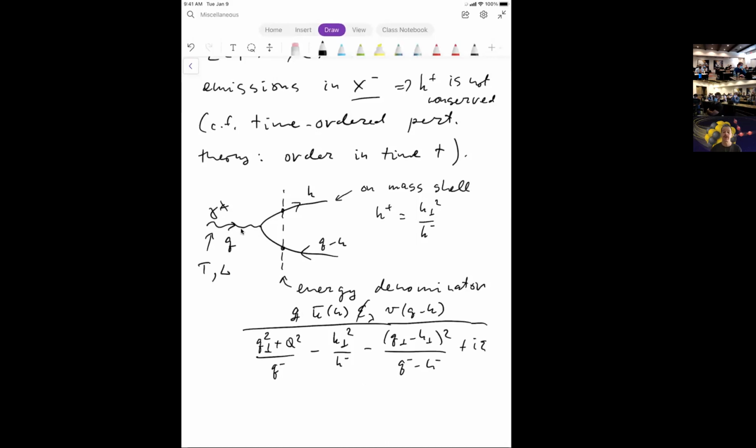It's a virtual photon, so the polarization has to be adjusted accordingly. But at the end of the day, this is what one calls a light cone wave function. The rules for the spinor matrix elements are just standard rules of perturbation theory, nothing special there. But the point is that we have this energy denominator.